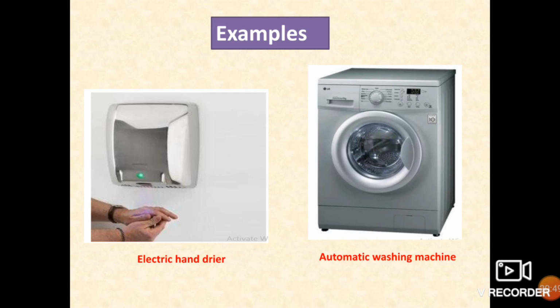If a small kid is using the electric hand dryer, the kid may keep his hand under it for a long time. Irrespective of whether the hand is dried, the kid may use the electric hand dryer for a long time, because the kid doesn't know whether the hand is dried or not.